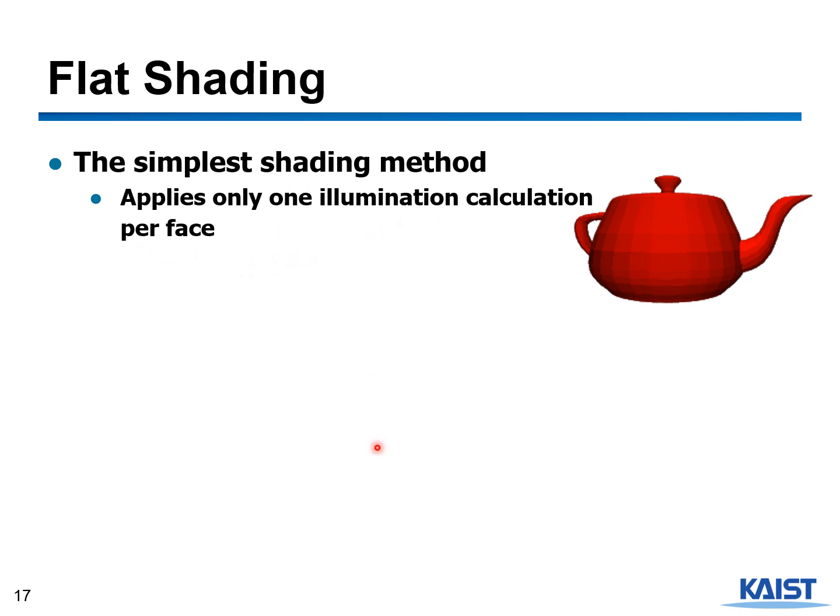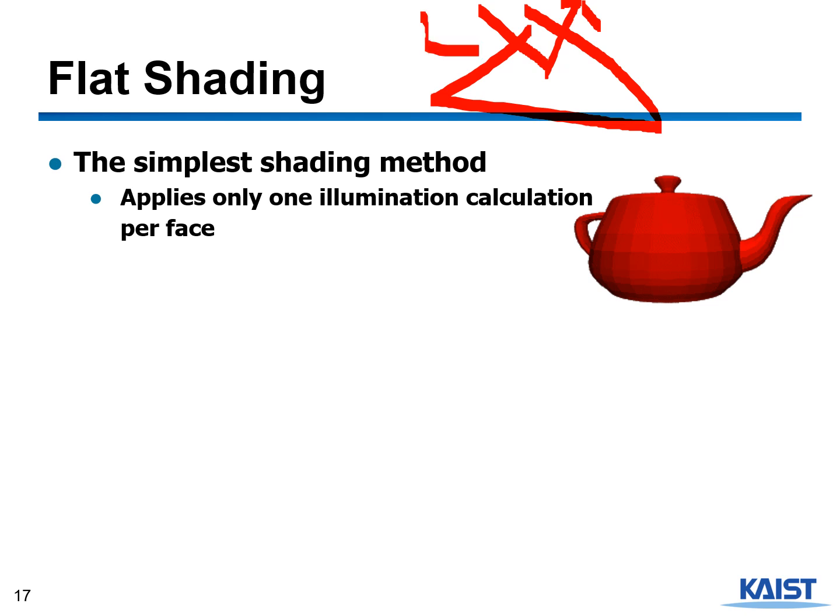In other words, given this triangle, we have one normal. Based on that, given this light vector and this view vector, we can evaluate the Phong illumination.